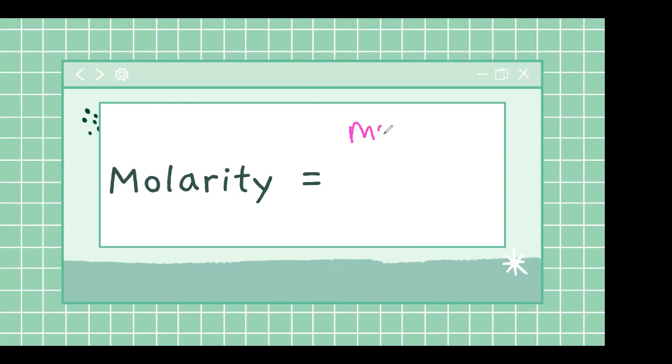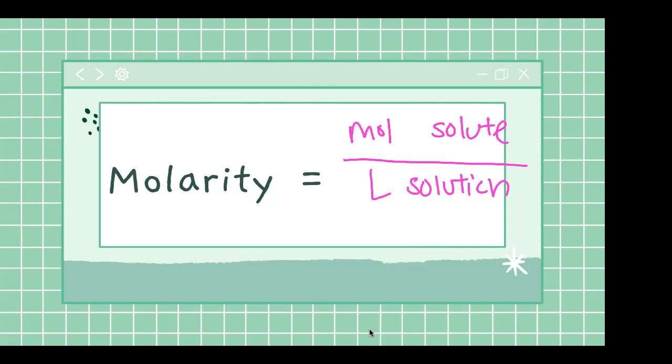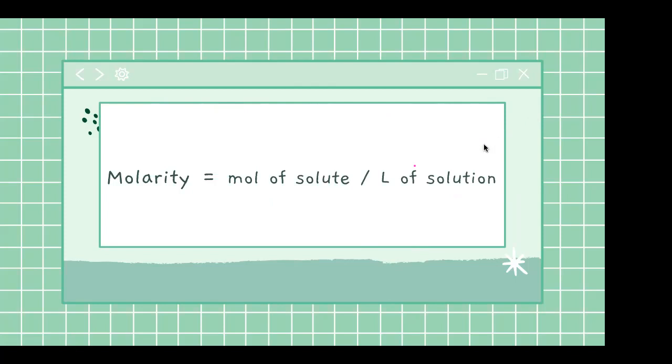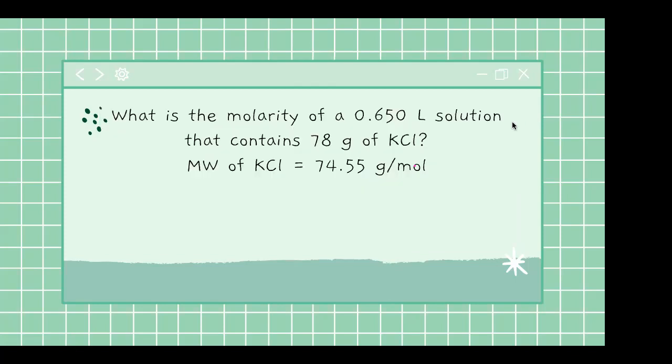So moles of solute per liters of solution. So they're a little bit different, right? Because the solution is the solute plus the solvent. So yes, kind of, yes. But yeah, that's the formula we are going to work on. Have it again on the slides.